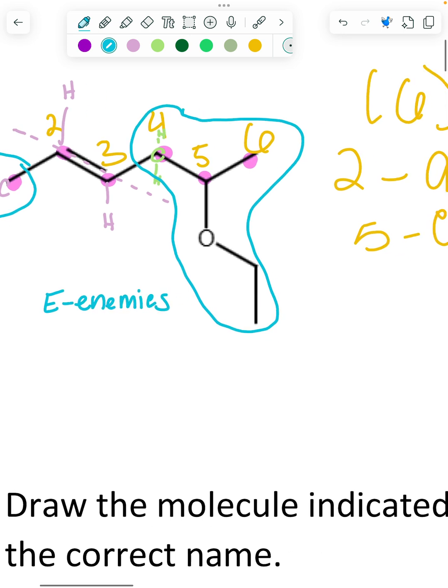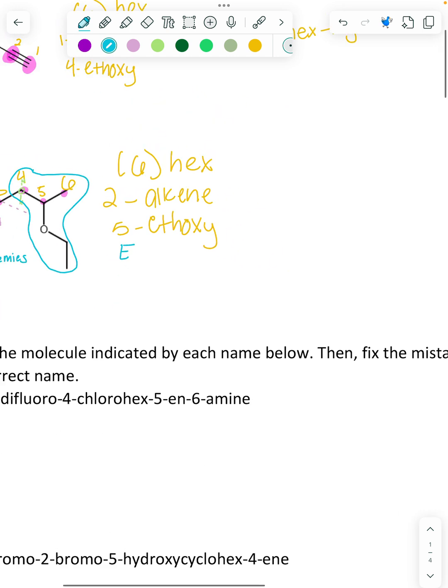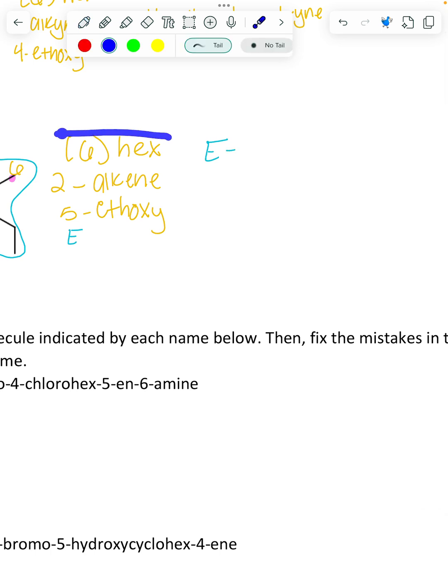And this E is always going to come first in the name. So that's always going to be first, so I'm just going to add that. And now we know that this is going to be at the very end of the name. And the only thing left we have to add at the beginning of the name, other than the E, is this 5-fluoroxy.